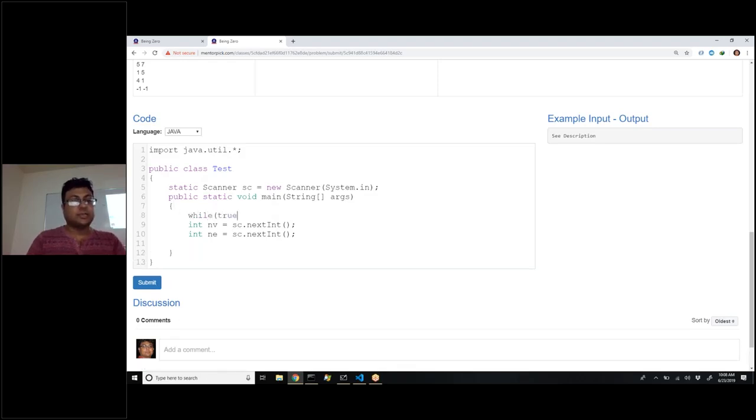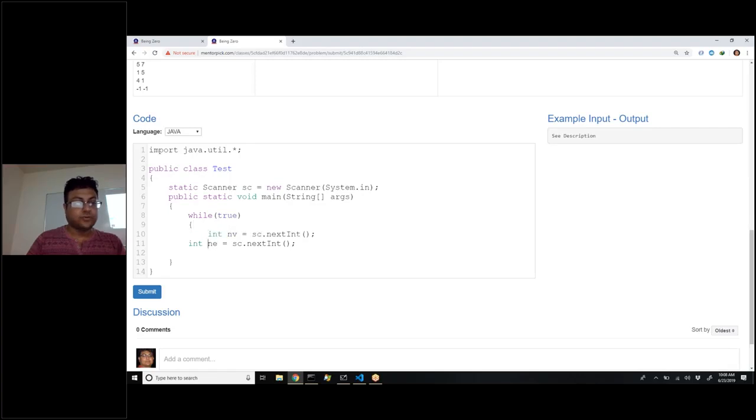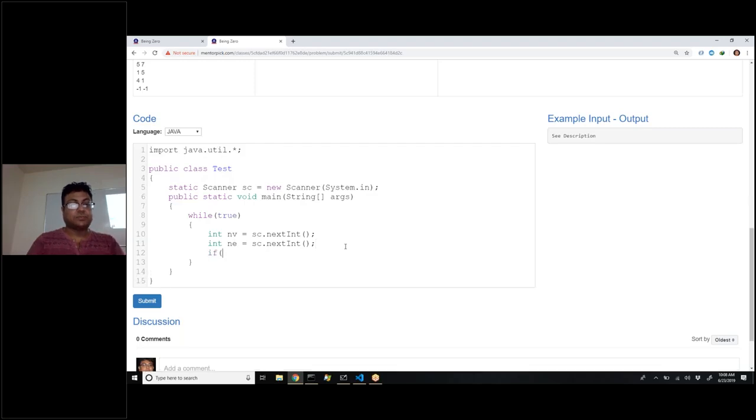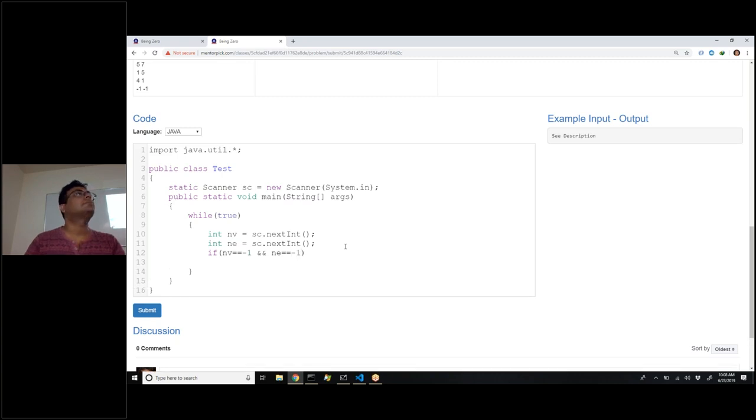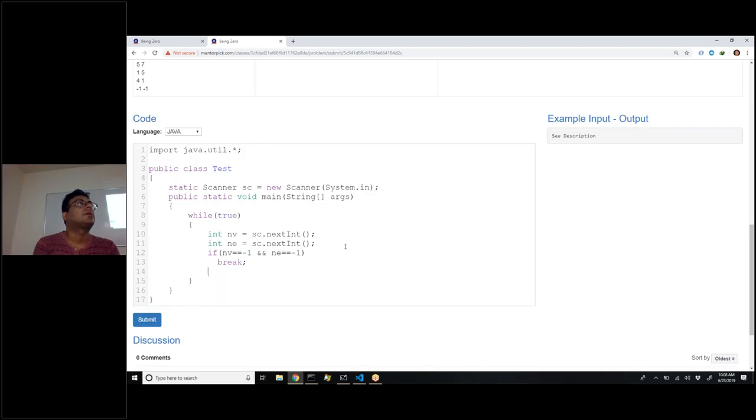So can we say this is while true? There is some sort of loop that we have to run. And immediately after we read the first two inputs, if nv is equal to -1 and ne is equal to -1, break. So we have read number of vertices, number of edges for the first line.